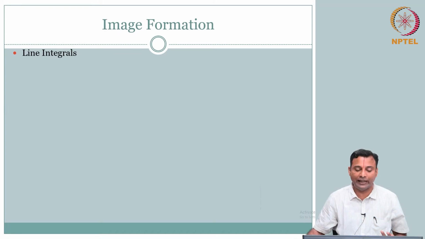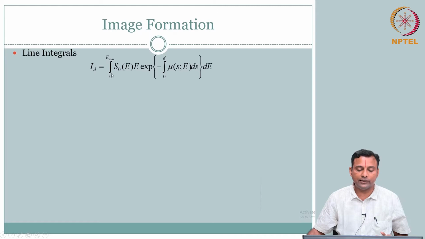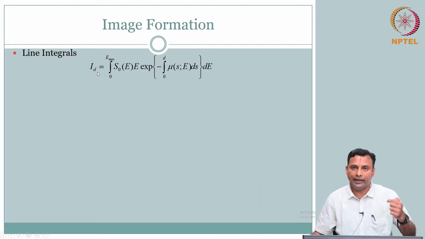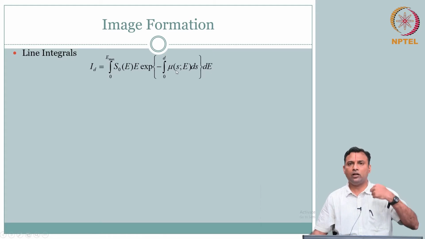The same thing we will rewrite. We will recognize that what is falling on the detector, I_D, is nothing but whatever you sent in spectrum with different energies. Mu, the material property, is a function of both S and energy. S is along the line segment.